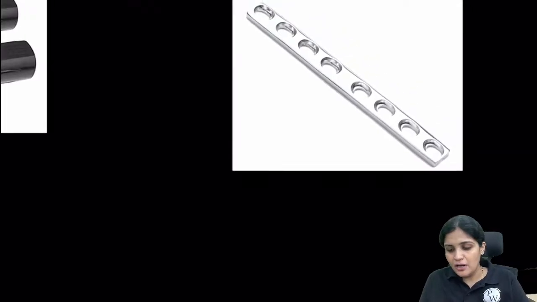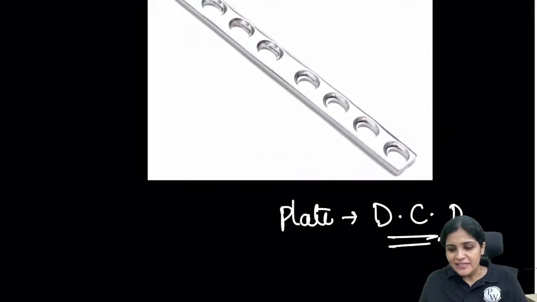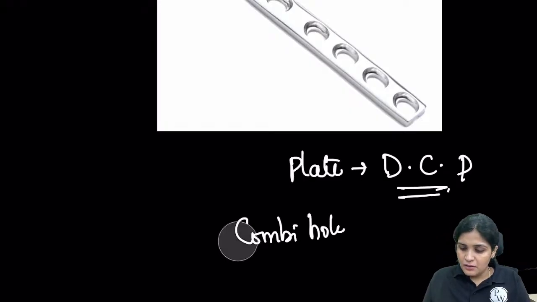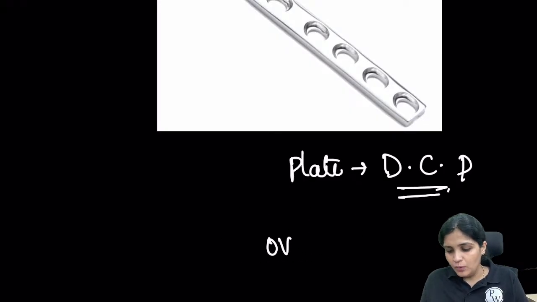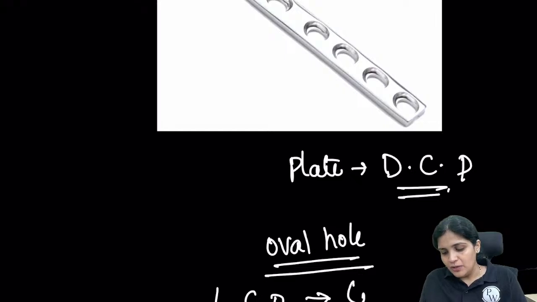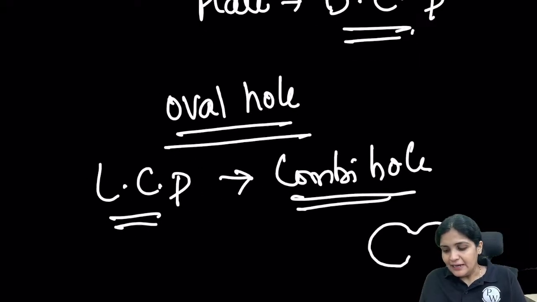And finally, this is your plate. This plate is your dynamic compression plate, DCP. How did I identify this as DCP? You will have the oval hole. Whenever you want to identify an LCP, that is a locking compression plate, you will have the combi hole. That means in a locking compression plate you will have 2 holes: one like this, and the second one with threads.